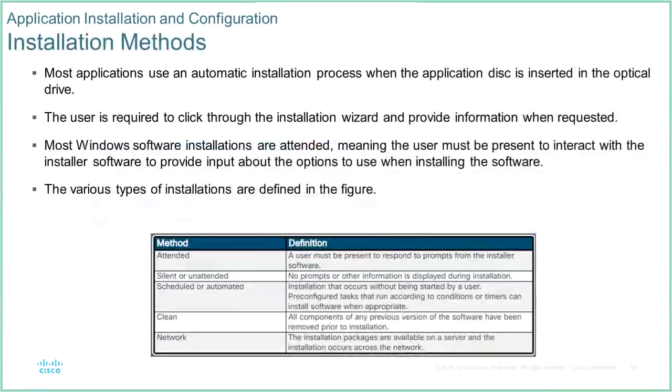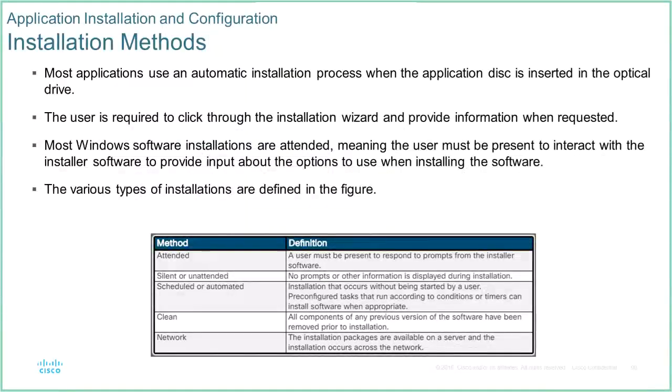So, various install methods. Attended is where you've got to be there to answer the prompts. Unattended will basically not prompt, it'll just have a script where it'll just run with no prompts.